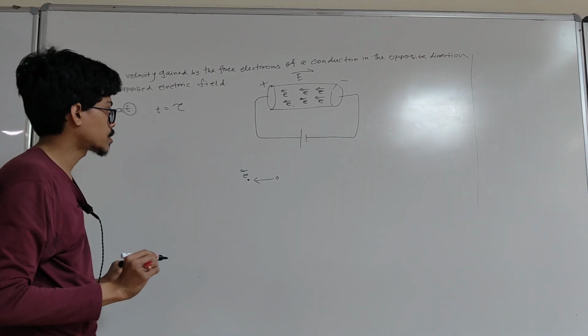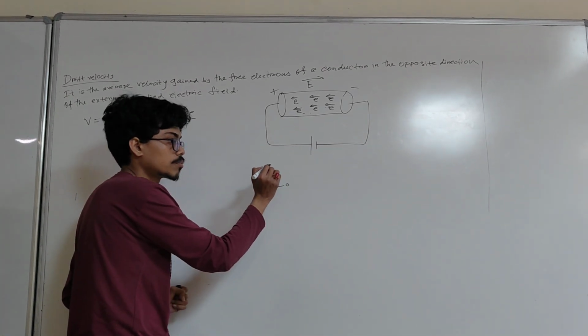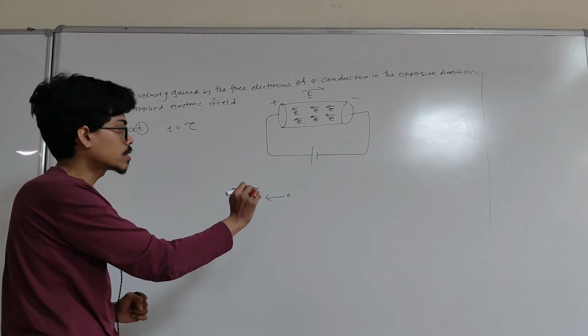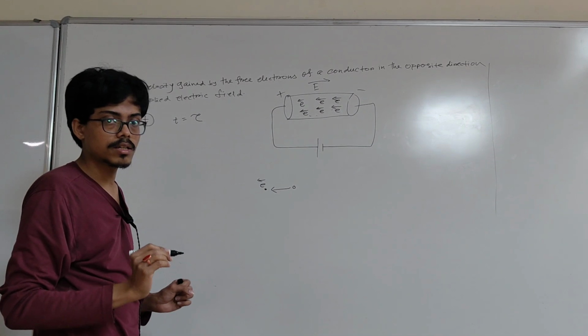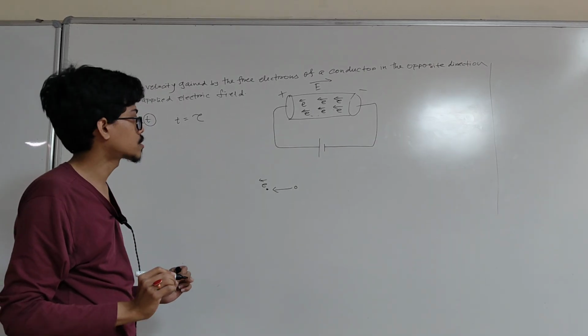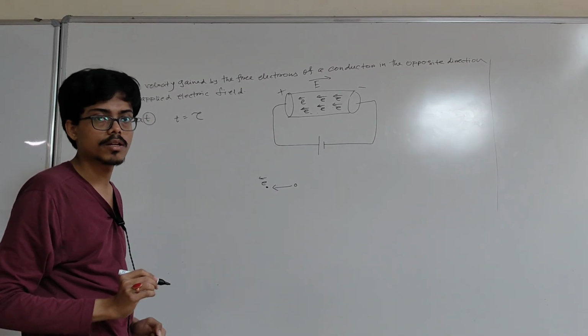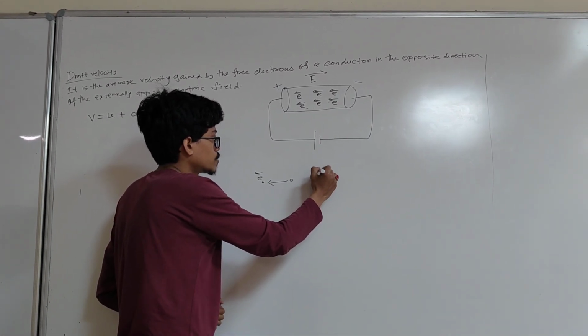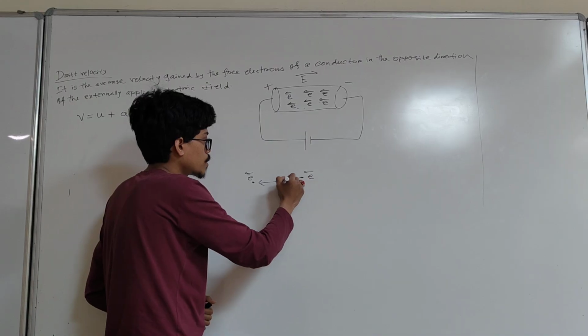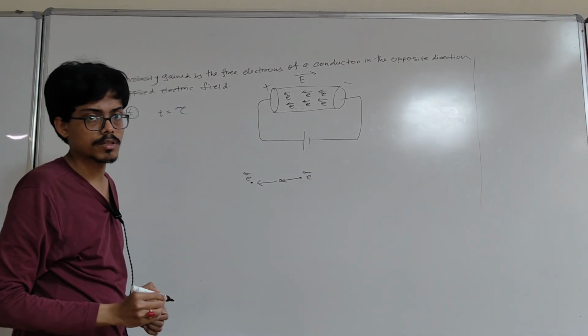So this portion is a fixed part of the conducting material, and these fixed positive ions act as obstacles in the journey of the electrons. So when the next electron starts coming, it may collide with this fixed positive ion.